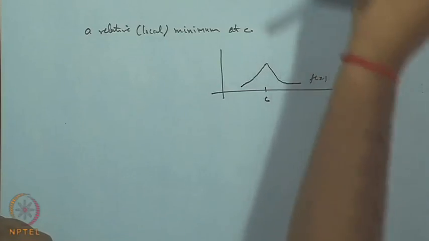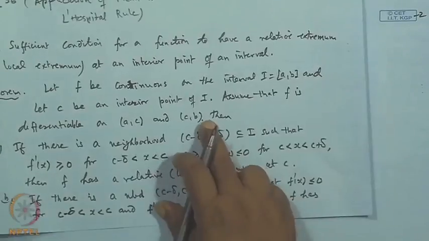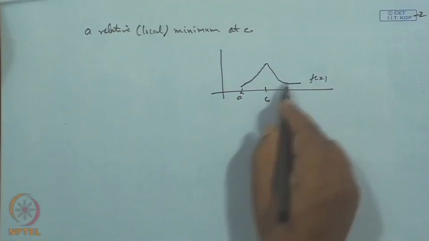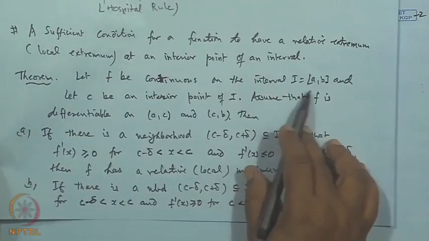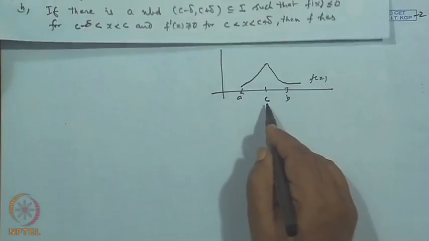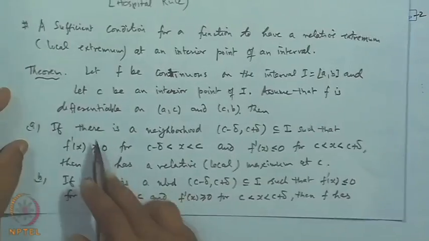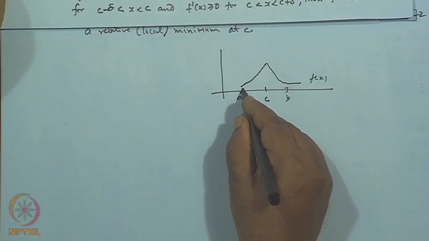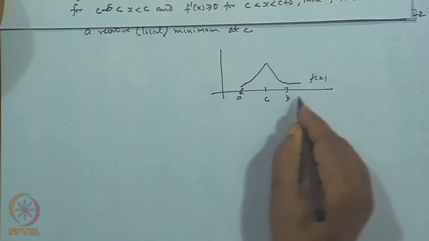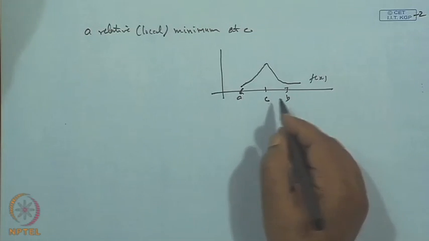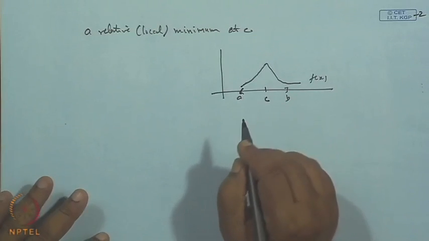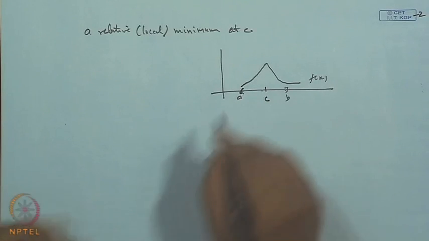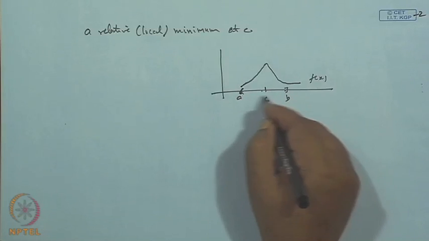Now, what the property says: f is a continuous function on the interval a b, and let C be an interior point of the interval a b, and assume that the function f is also differentiable on the intervals AC and CB. About C we are not talking right now. The function is continuous throughout the closed interval.